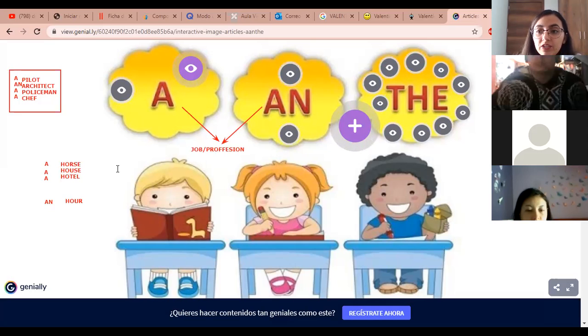Remember that the H, in this case, sounds. En estas tres palabras, la H sí tiene un sonido, es sonora. Tendemos a escuchar una J, como horse, house. Entonces, asumimos como una consonante. Entonces, a horse, a house, a hotel.